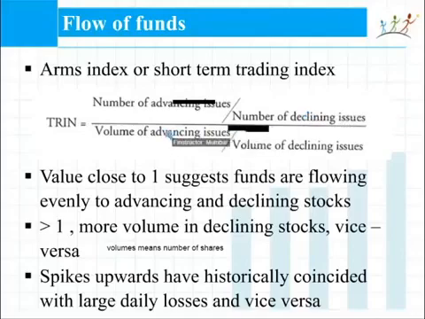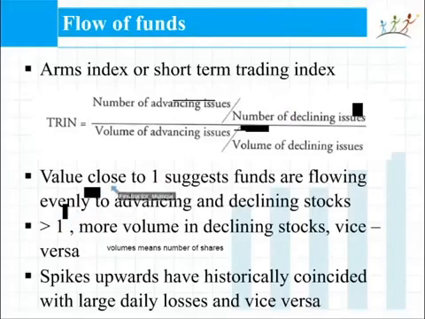But let's say 20 shares of DLF went up and 100 shares of ITC went up. So there are 2 issues only, but there are 120 volume. So volume is the total sum of the number of shares of each of the advancing issues. Similarly for declining issues, the number and the volume, that is the sum of the number of shares of each of the declining issues.